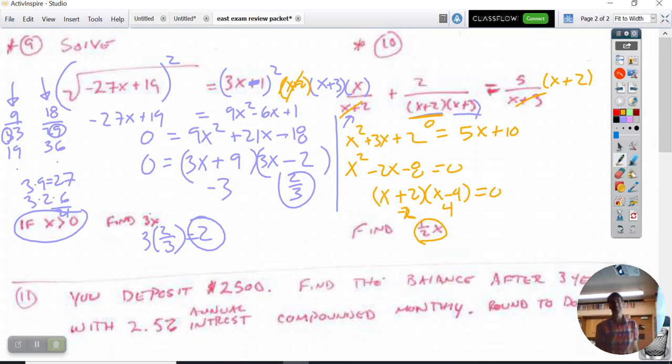That would give me a denominator of 0. I can't have that. So what that means is I can throw out this answer and only use the 4. So I have 1/2 times 4, which is equal to 2. All right.